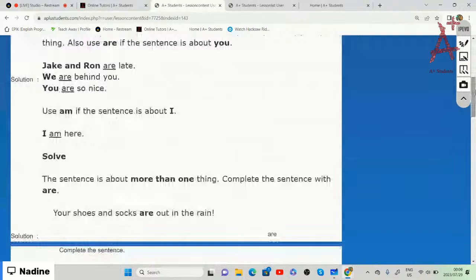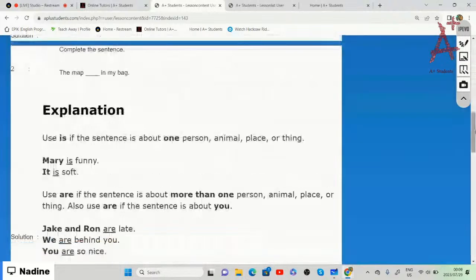And remember, we said that if you refer to more than one person, animal, place, or thing, we use are. If we refer to one person, place, or thing, we use is. If you are referring to yourself, which is I, then we use am. All right.